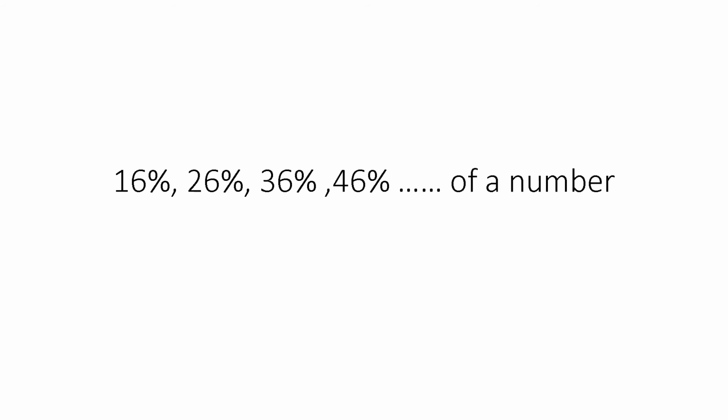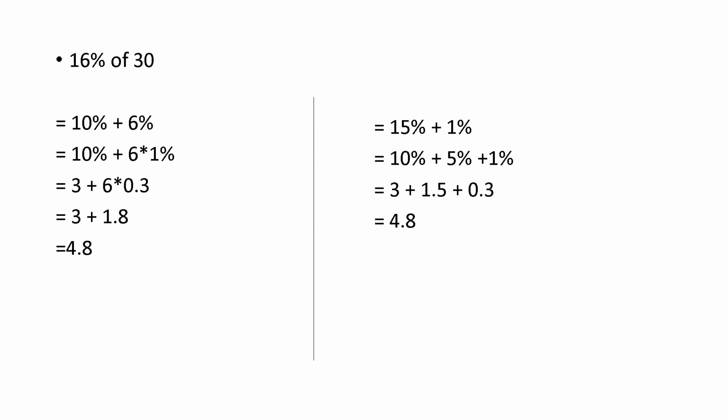Next is 16, 26, 36, 46 and so on percentages of the number. 16 percentage of 30. You can do 10 plus 6 percentage. Same way how we have discussed in the previous portions. 10 plus 6 percentage. So 10 percentage plus 6 into 1 percentage, and you will get the answer.